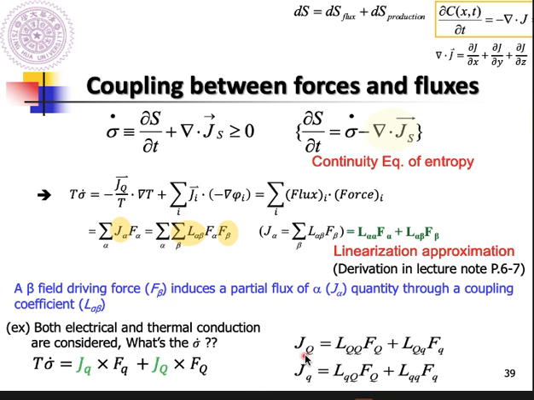So just practice one more time. J capital Q. Now we have two driving forces, so you put the two driving forces here, F capital Q and F small q.